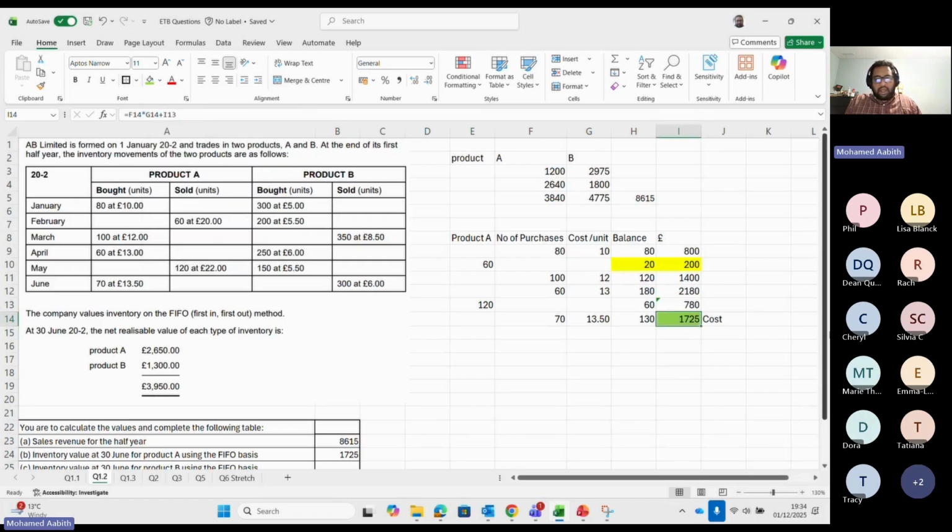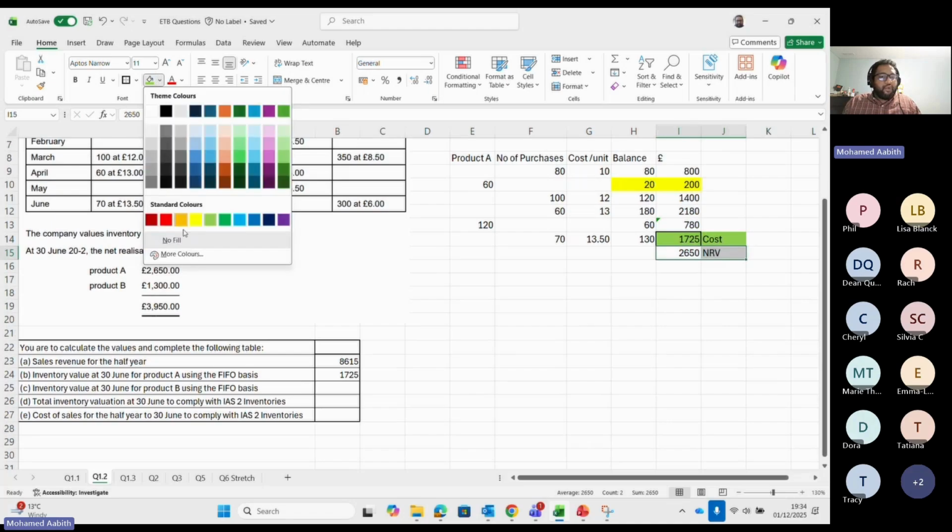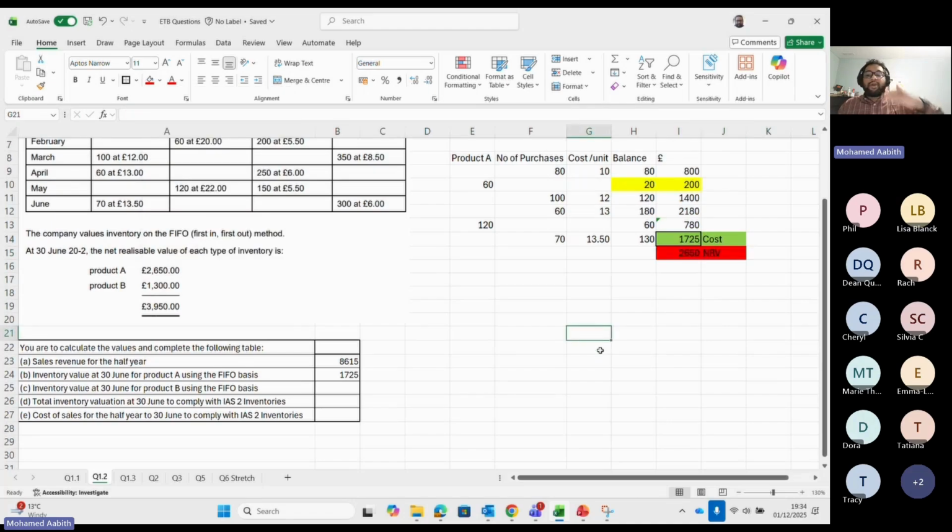And what is my NRV? 2,650 is my NRV, net realizable value. So which number I will be using on my inventory calculation? The cost is the one we're going to be using. NRV, we won't use it here. Why? Because the cost or the NRV, which one is the lowest? The cost. I use this on my inventory calculation.